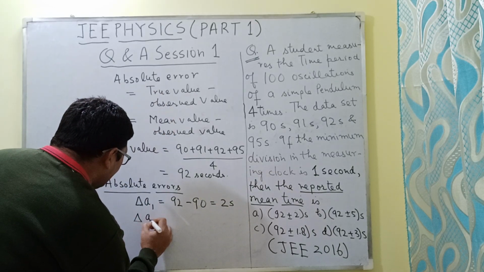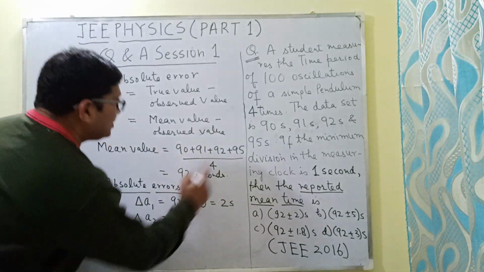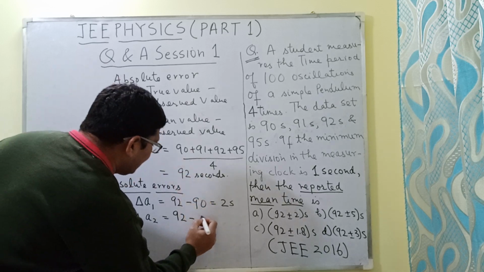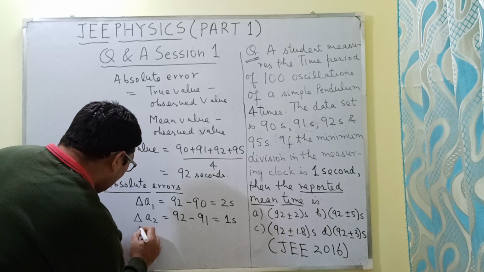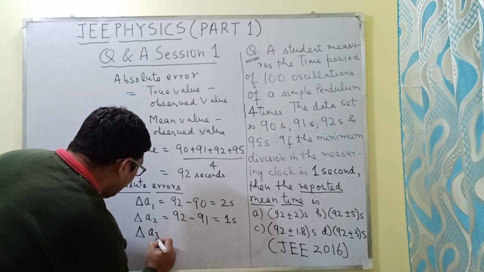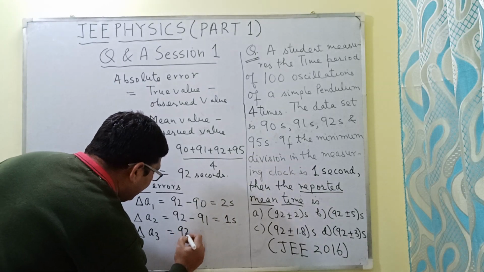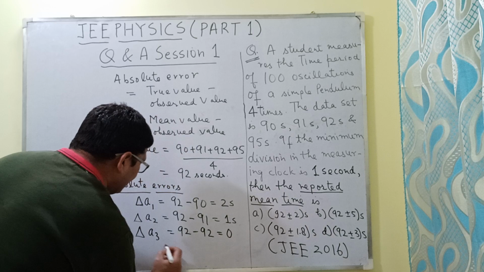The absolute error of the second measurement, which I have taken as delta A2, will be equal to 92, the mean value, minus 91. So this is equal to 1 second. Then the absolute error for the third measurement will be equal to 92, the mean value, minus 92, the observed value. So this is equal to 0 seconds.